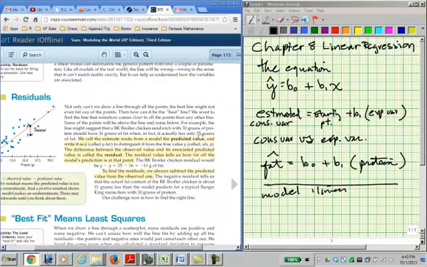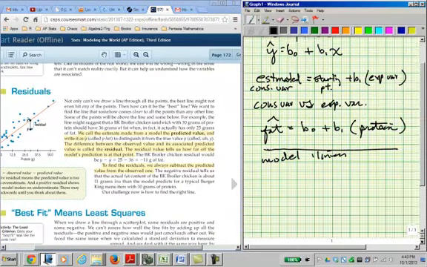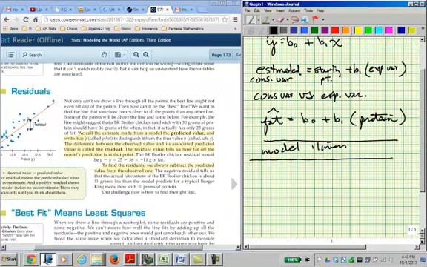Also, it brings in a very, very important idea called residuals. What is a residual? Well, we started out with our actual X and Y values.